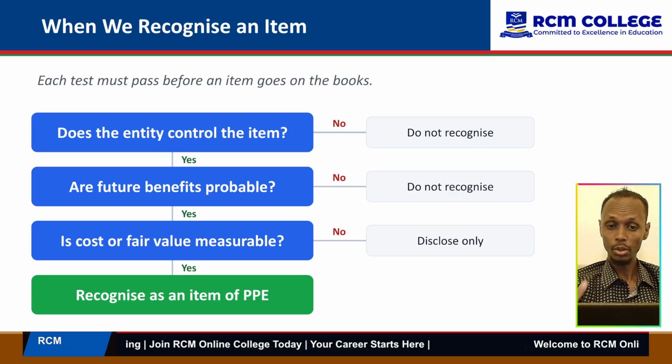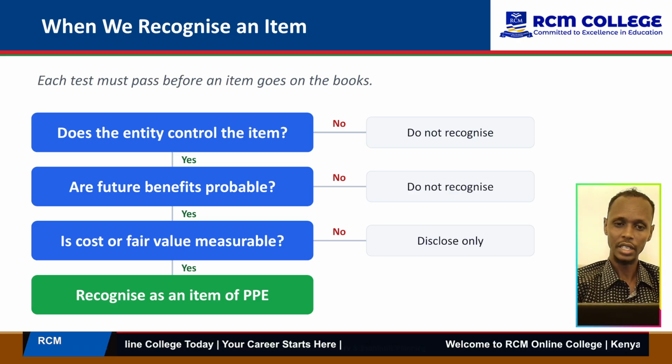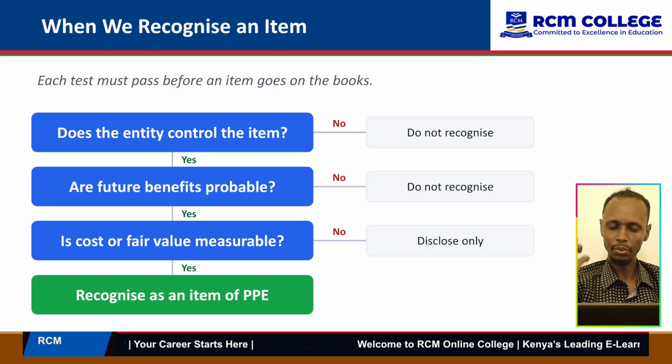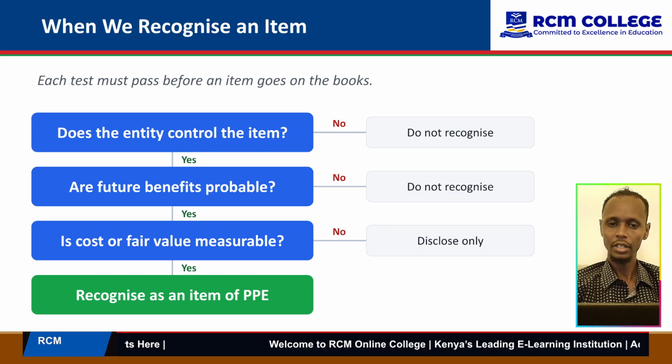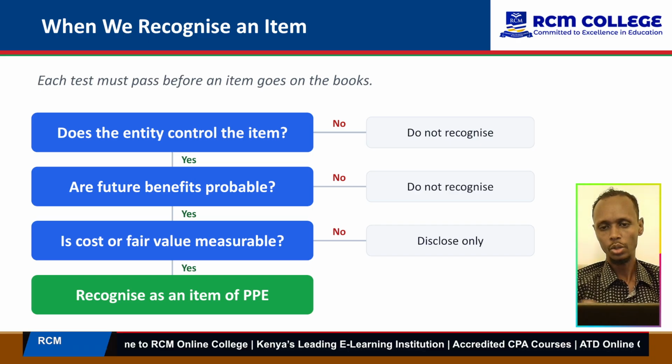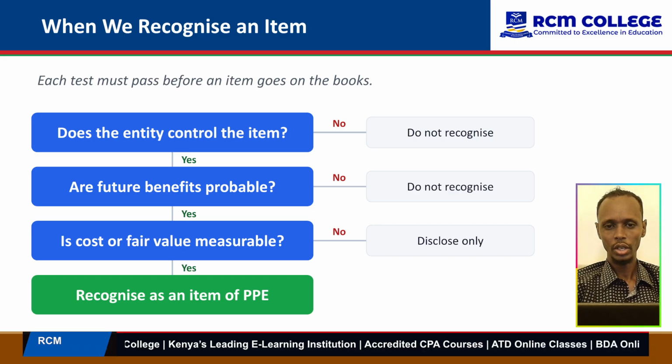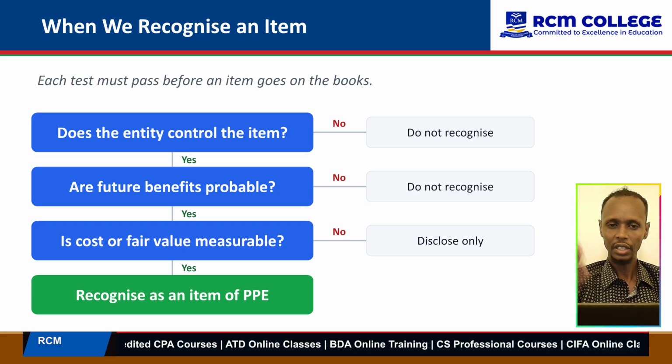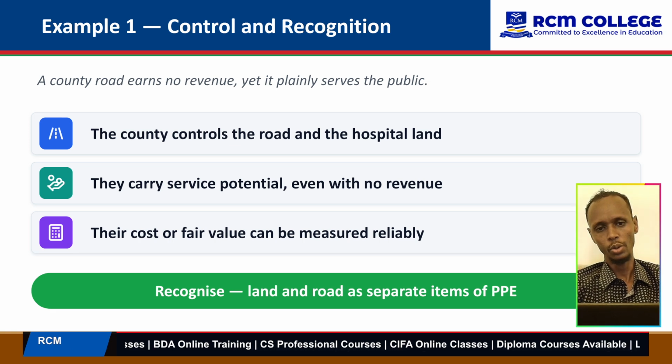So that's why you don't see yourself in the books as an individual. So if you cannot measure something, then you don't recognize that as an item. So if you control and are deriving economic benefits, like heritage assets, you don't recognize in your books, you disclose. But if it meets all these three, then you recognize in your books.